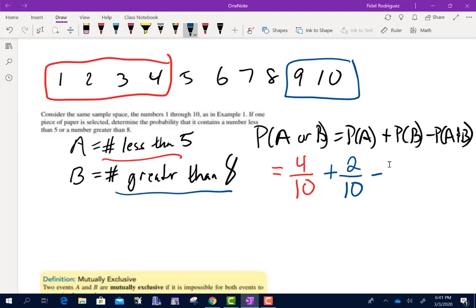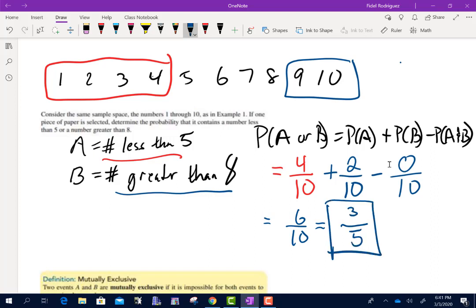Minus, do we have any numbers that are at the same time smaller than 5 and greater than 8? No, because you can see that the 2 boxes that we have are not connected. So minus 0 out of 10. So 4 plus 2 is 6. So 6 out of 10, all we're going to do is reduce it, divide them both by 2, and we end up with 3/5.